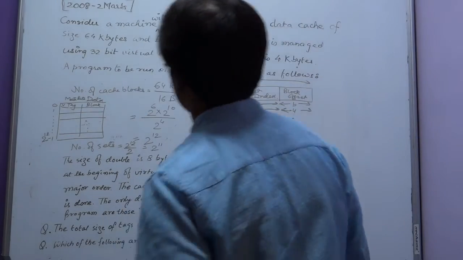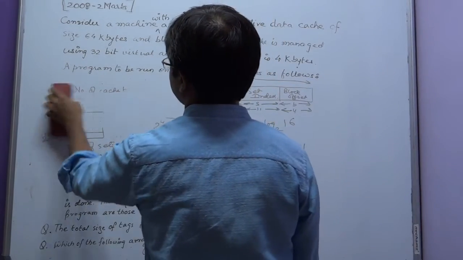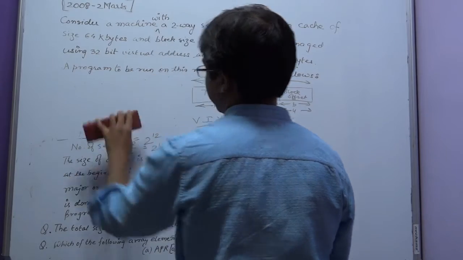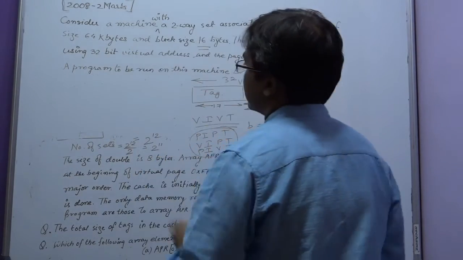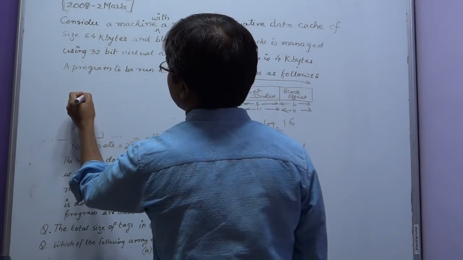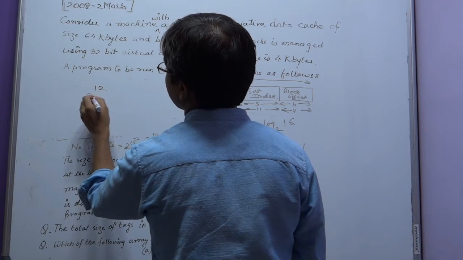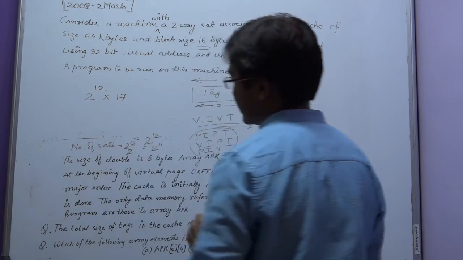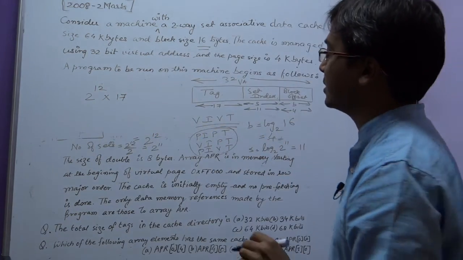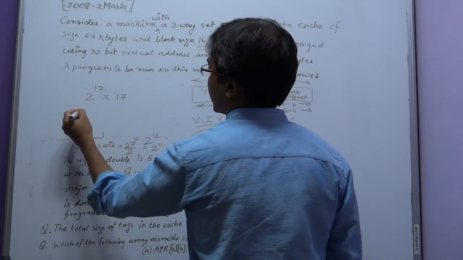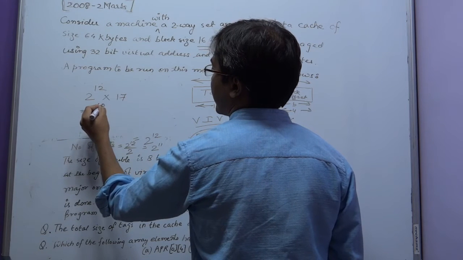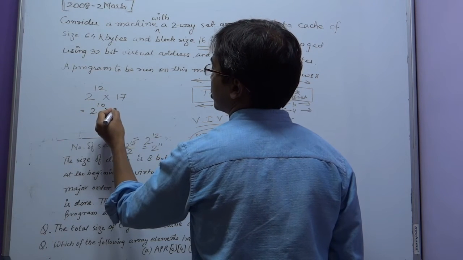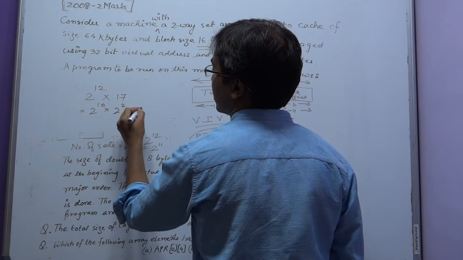So let me rub this off. So total size of tag field would be 2 to the power 12, that is number of cache blocks, into 17, that is size of each tag field. So 2 to the power 12 can be broken down into 2 to the power 10 into 2 to the power 2, that is 4.